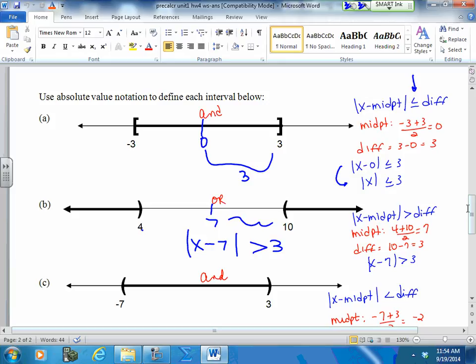It's as simple as that. The and: here's your midpoint, add them together and divide. This will give you negative 4, divided gives you negative 2. When you do this, x minus a negative 2 becomes x plus 2. It's an and, so it's a less than, and from here to here is 5.